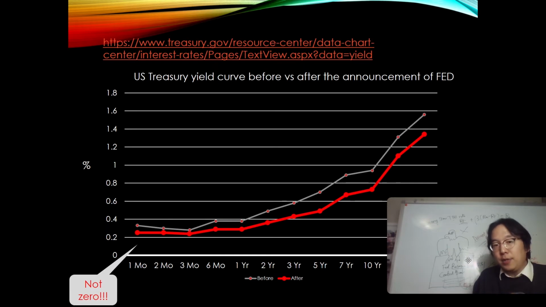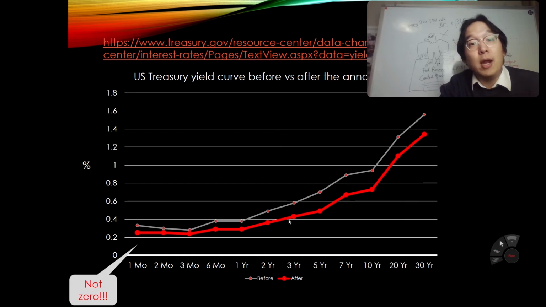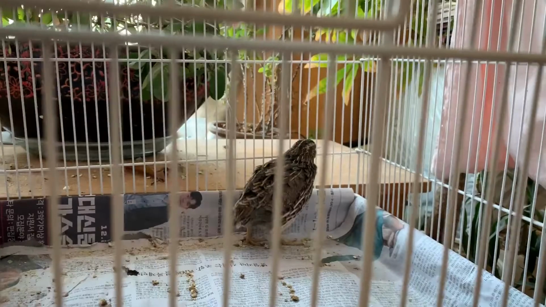Anyway, the important thing is Jerome Powell. What you see is the yield curve before Jerome Powell's announcement and after Jerome Powell's announcement. How did his announcement affect the yield curve is a very interesting thing. How did it affect the short-term Treasury rate, the 1 month Treasury rate?